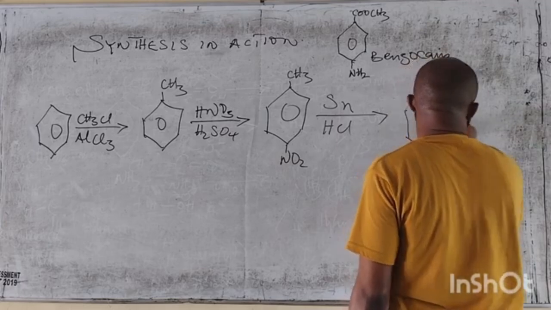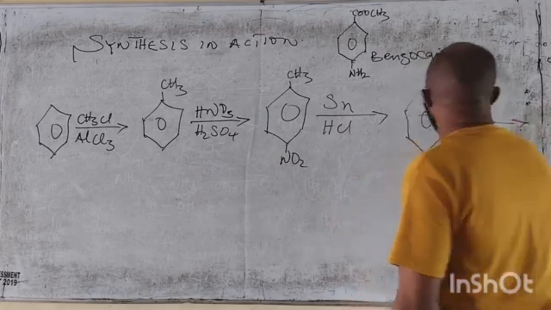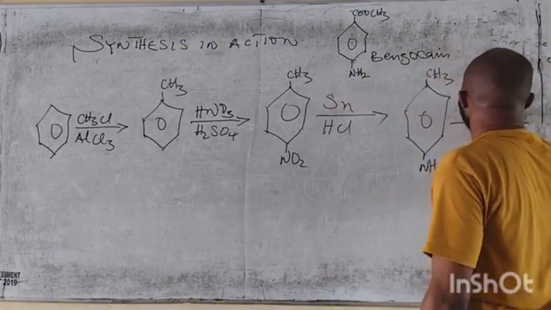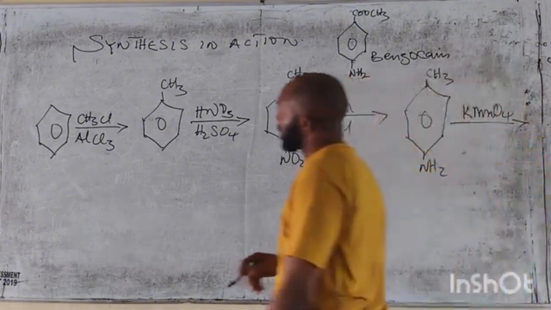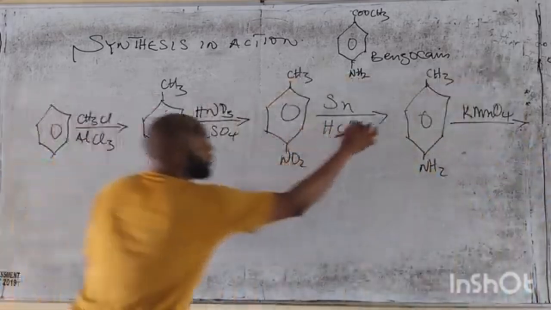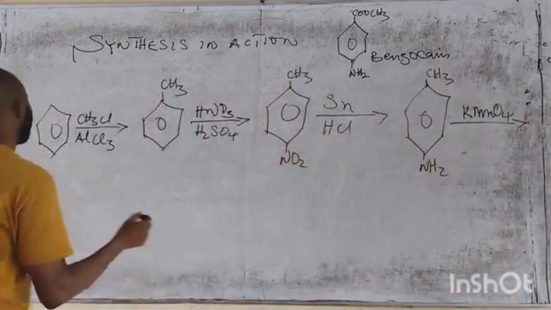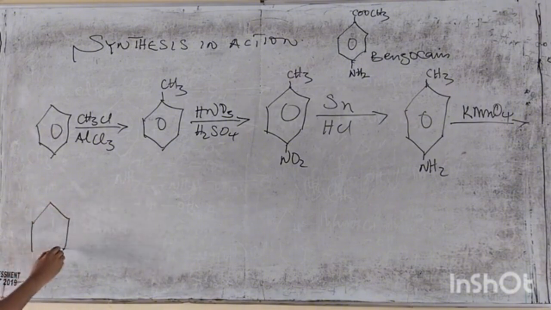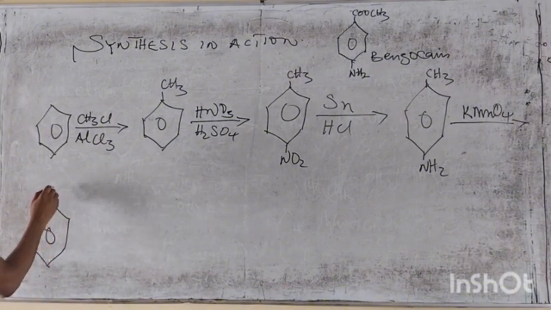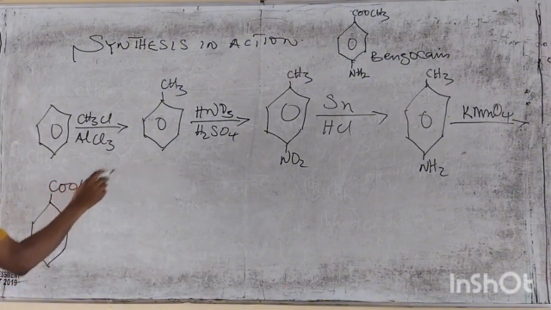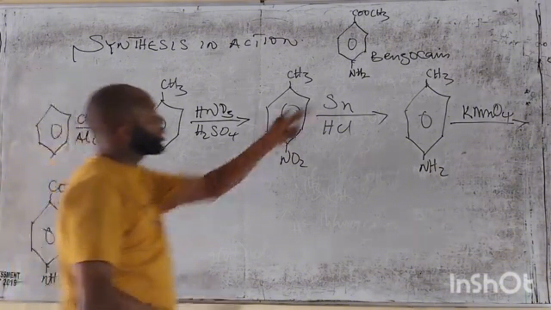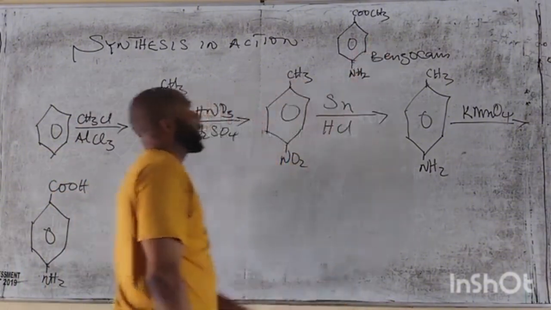I'll move further. I will oxidize this with KMnO4. If that undergoes oxidation, it changes the methyl group into a carboxylic group. So I now have this carboxylic group, and the NH2 is retained. Now, what is left? I need to introduce a CH3, and that is an ester.